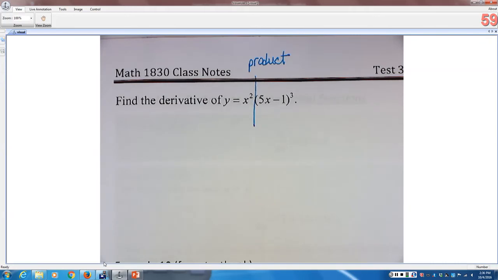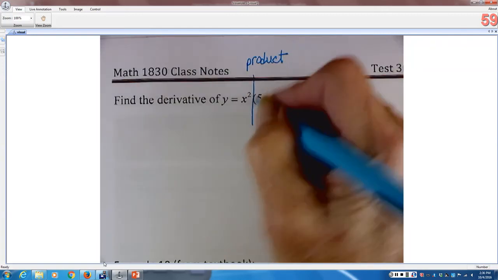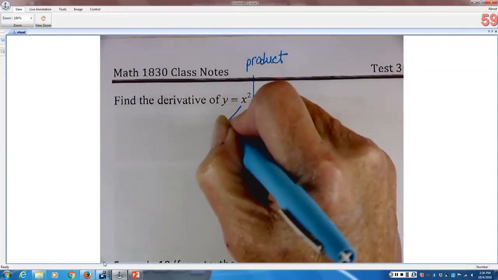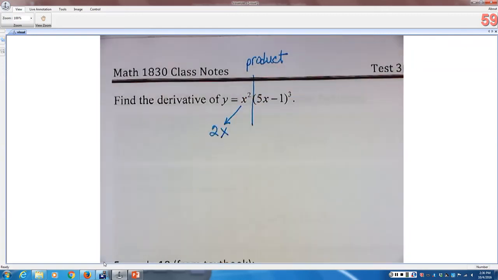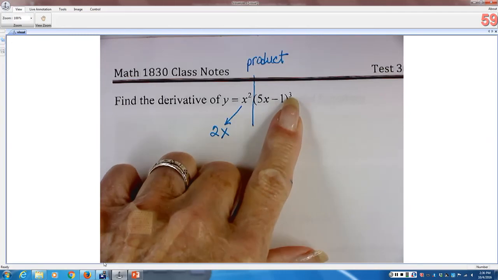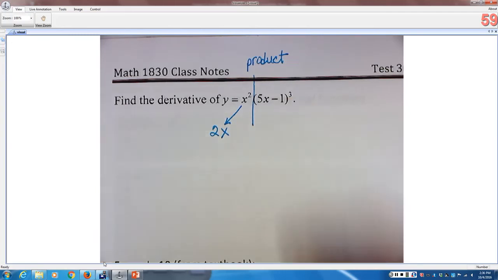So what we're going to do first is we're going to take the derivatives of both pieces. The derivative of x squared is 2x. The derivative of 5x minus 1 raised to the third power is chain rule.